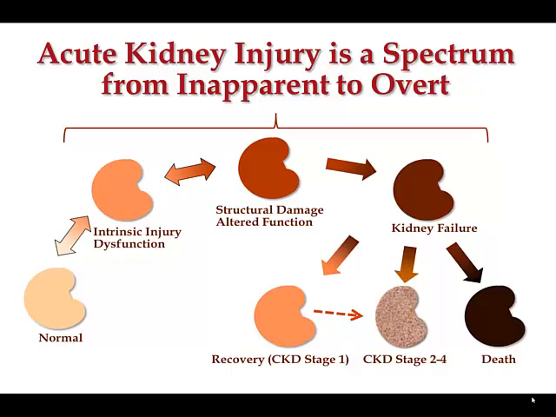This is the way we have historically looked at acute kidney injury. We've called it acute kidney failure because that's the stage that we customarily view this development. But it has to go through this pathway before it gets to that pathway.